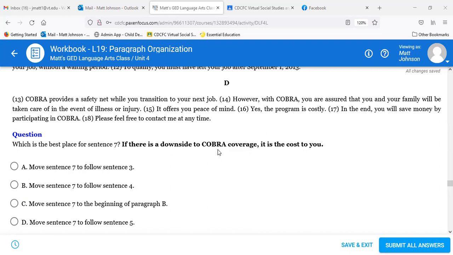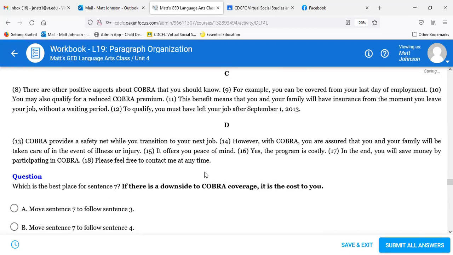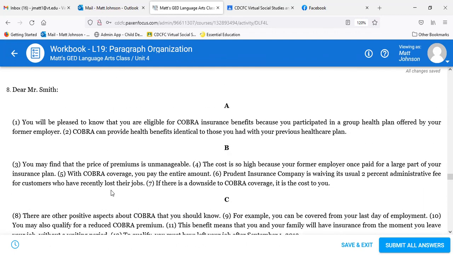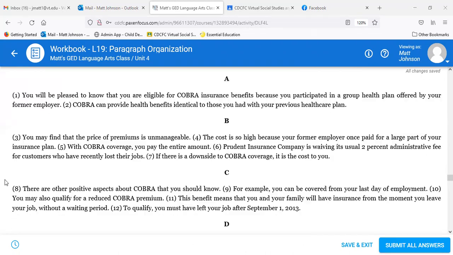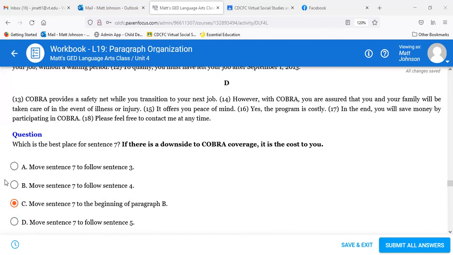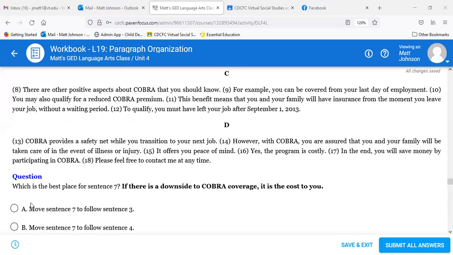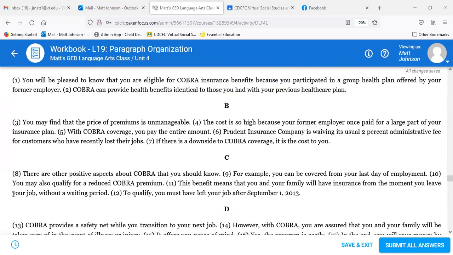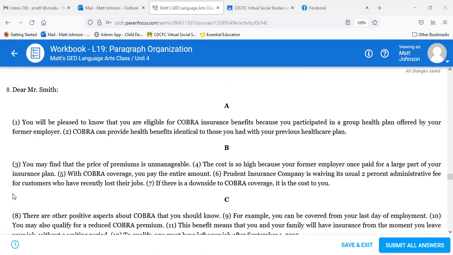Move 7 to the beginning of paragraph B. Yeah, so here we didn't deal with this yet, actually moving it to a different paragraph, right? Sentence 7, I'm sorry, we're moving it to the beginning, not a different paragraph. If there is a downside to coverage, it is the cost to you.